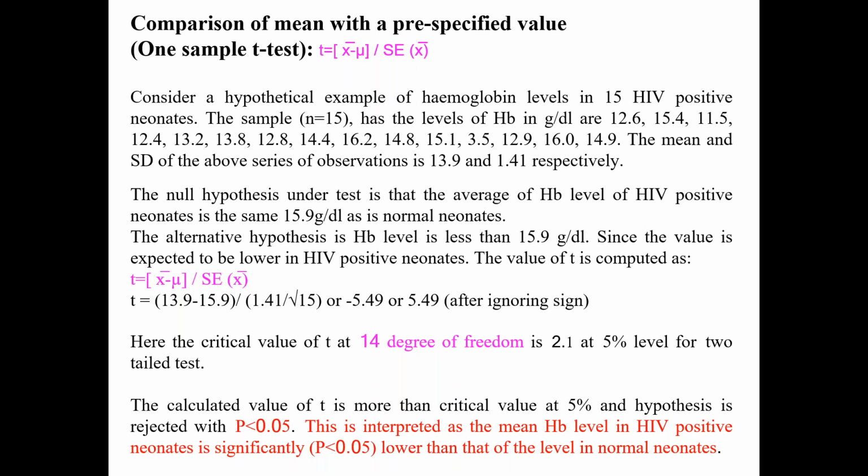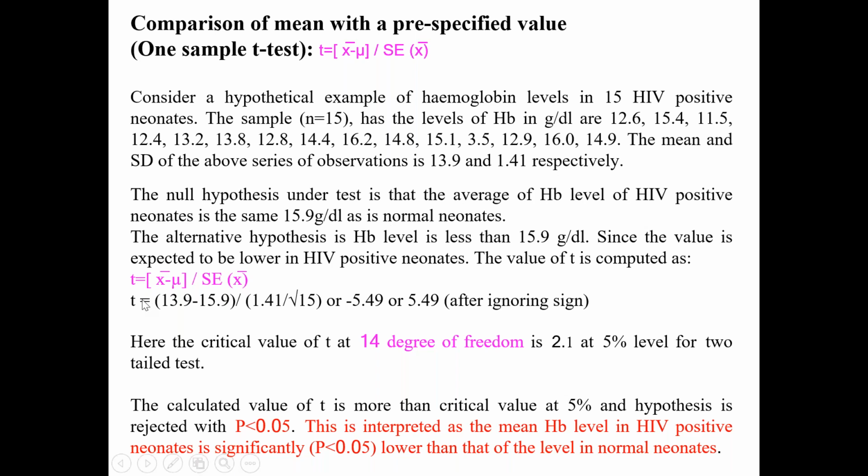On the other side, I can also frame an alternate hypothesis: the HIV level is less than 15.9. So the alternate hypothesis is that 15.9 is greater than the hemoglobin of the HIV positive neonates, that is 13.9.